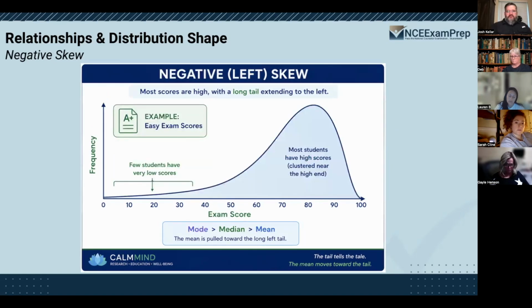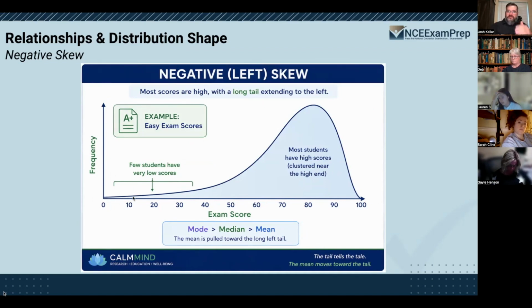So similarly, with a negative skew, here we've got most of the scores are high with a long tail extending to the left. Okay, so we're looking at exam scores. Maybe most of the students have high scores that are clustered down here towards 80, 90, 100. But there's a few students that had very low scores.